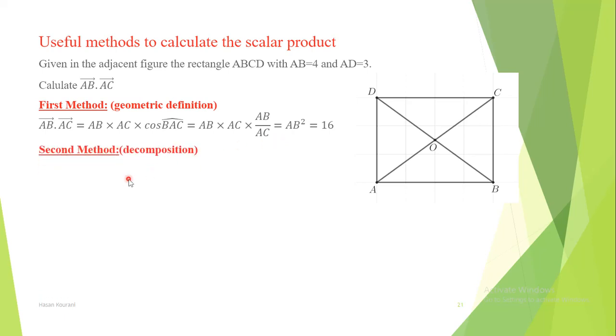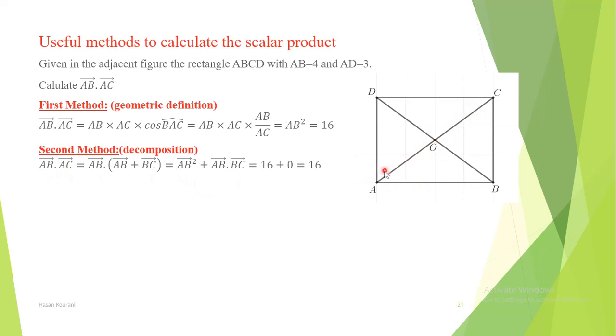Second method, which is a very important method, which we call decomposition. As you know, decomposing a vector means writing a vector as a sum of two vectors or three vectors or whatever. Let's see how to use decomposition to calculate the scalar product. AB.AC: we have a horizontal vector and an oblique vector.